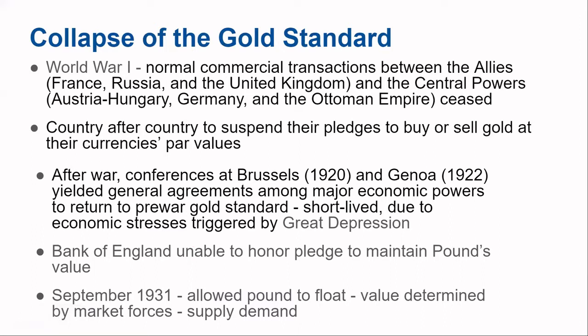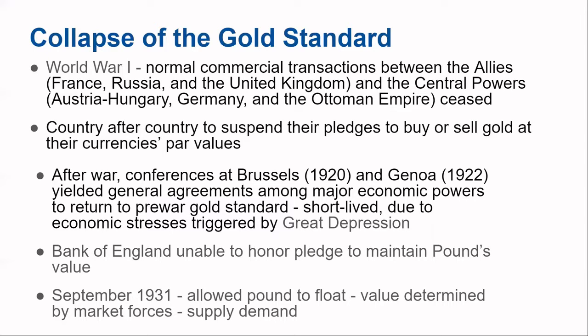Other countries tied their currency to the US dollar or to the French franc. There was no more harmony between countries to find a common way of converting their currencies.